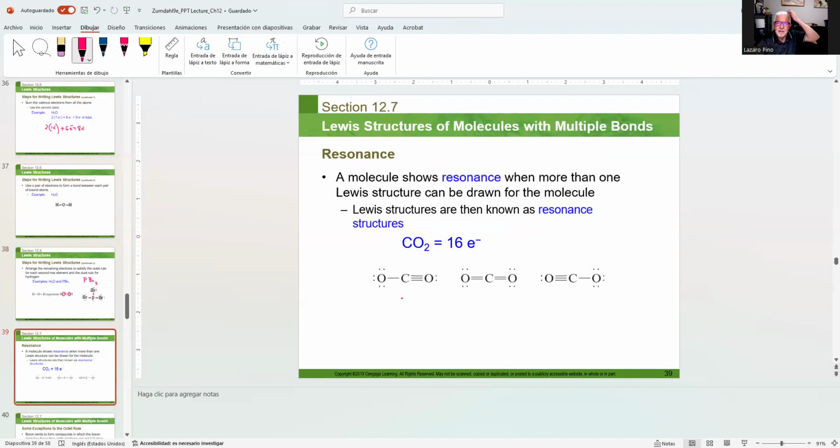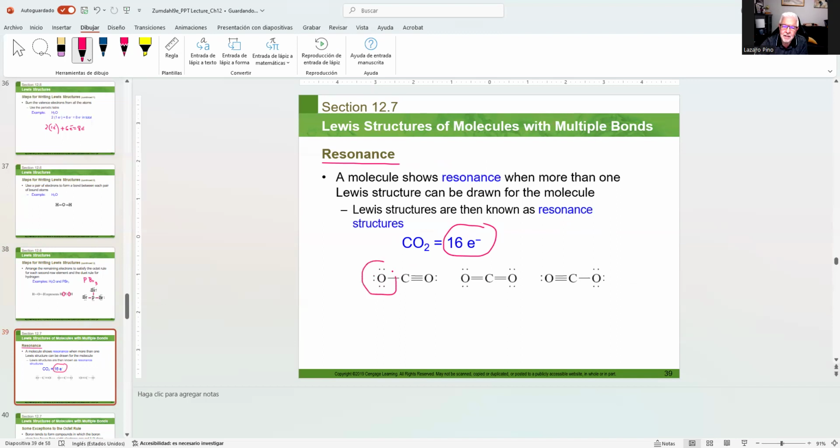look at this. Sometimes we have what we call resonance structures. What does it mean? For example, in carbon dioxide, you have 16 electrons. You can represent, look, 1, 2, 3, 4, 5, 6, 7, 8.